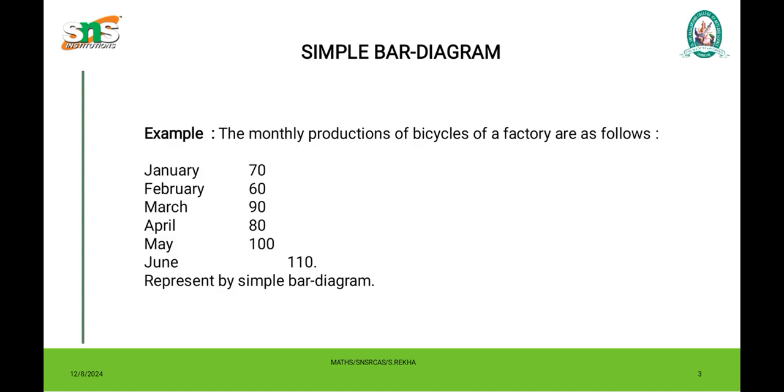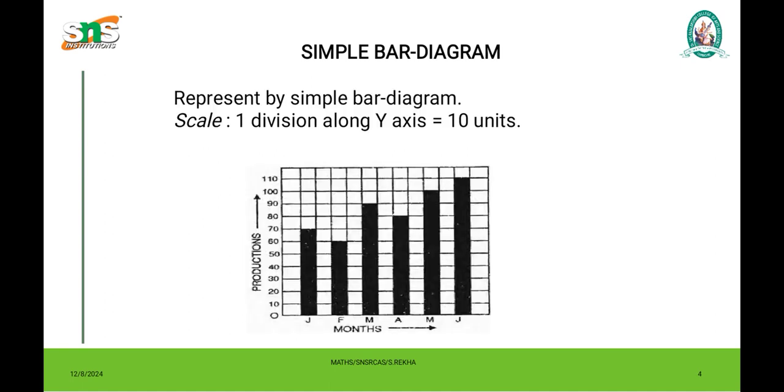In January, the total production is 70, in February it is 80, then 60, and in March it is 90, April it is 80, May it is 100, and June it is 110. For the x-axis we need not represent the scale, but for the y-axis you must note down the scale.